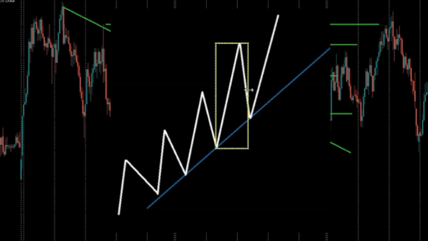You wait for price to break into the discount zone, and once the price comes to the trend line at the discount zone, you make your entry. See, that is 50% fib, which is the discount.